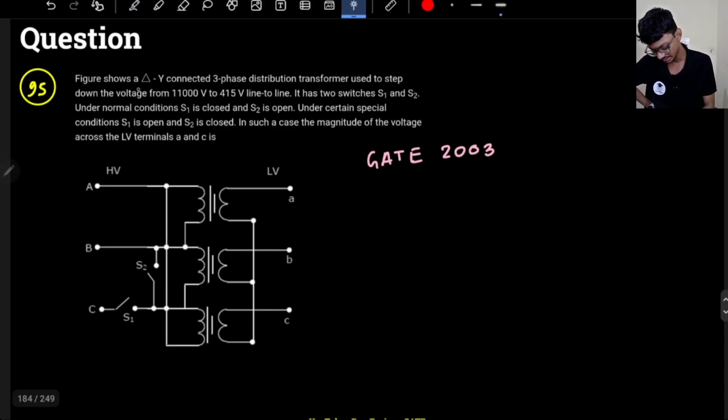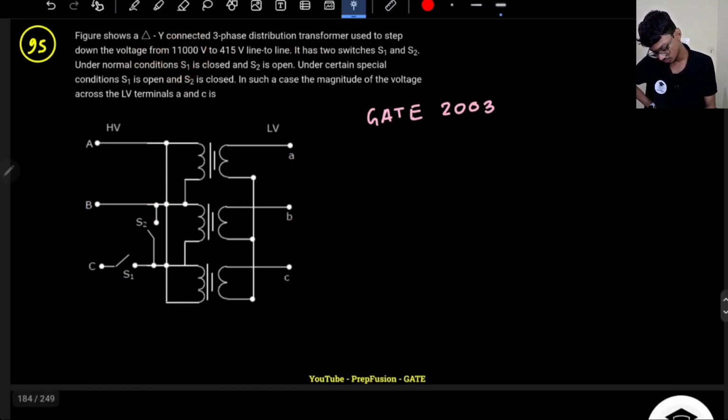This figure shows a delta star connected three-phase distribution transformer used to step down the voltage from 11 kV to 415 V line to line. So it is a delta to star.